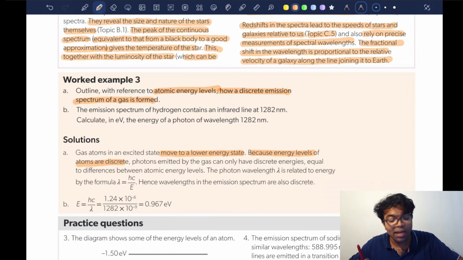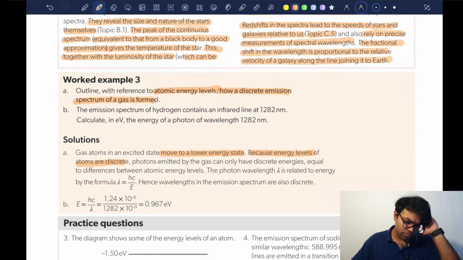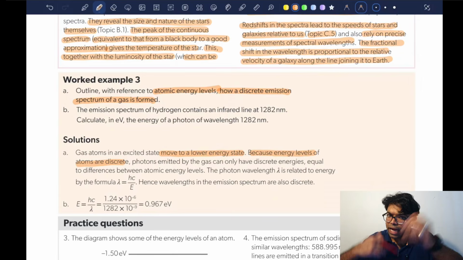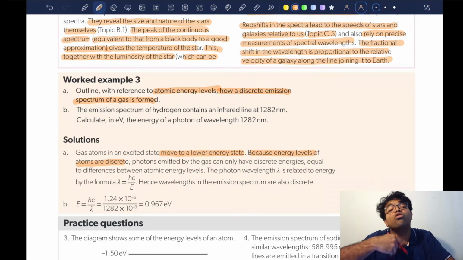Continuous energy levels and discrete energy levels. How would you distinguish between them? Discrete energy levels means exact values that do not change, and that transition does not change. But continuous, you could have any values. You could have any values in a continuous energy band.